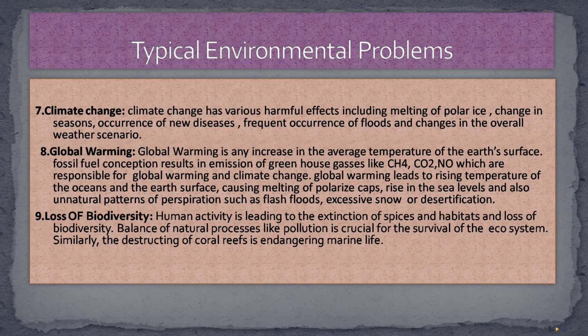Due to the rise in the Earth's surface temperature, the ocean temperature also rises. And this rise in ocean temperature causes melting of polar ice caps. Means due to the increase in Earth's surface temperature, there is melting of ice in areas like Antarctica.